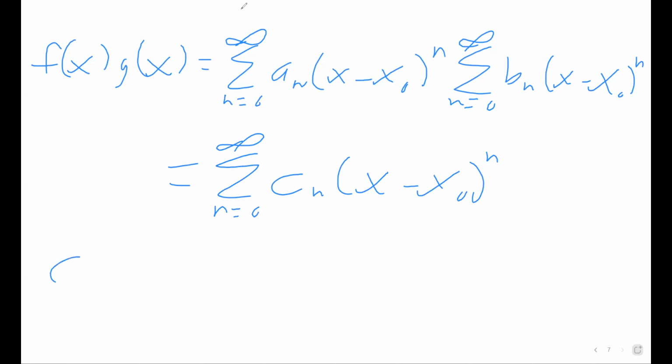And so for our c sub n, it's going to be a naught b n, plus a1 b n minus 1 plus, and we keep on doing this where our a values get bigger and the b values get smaller.